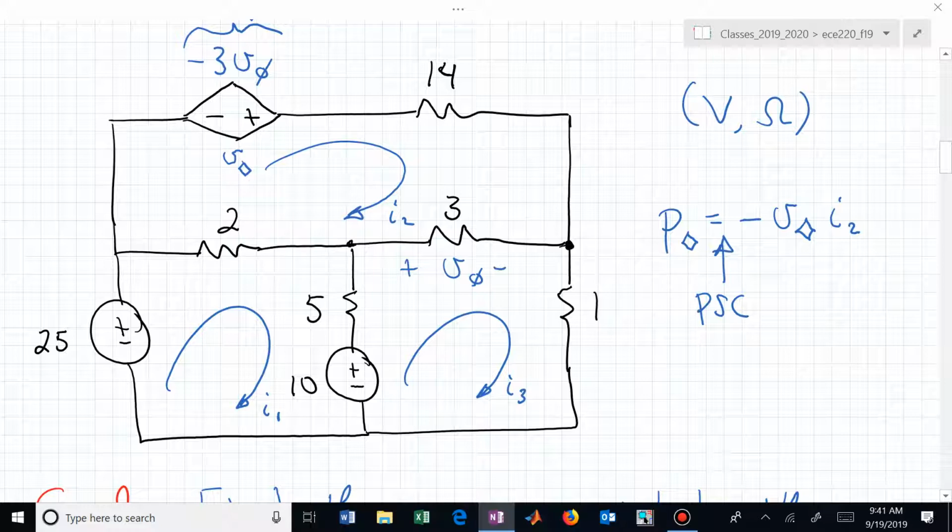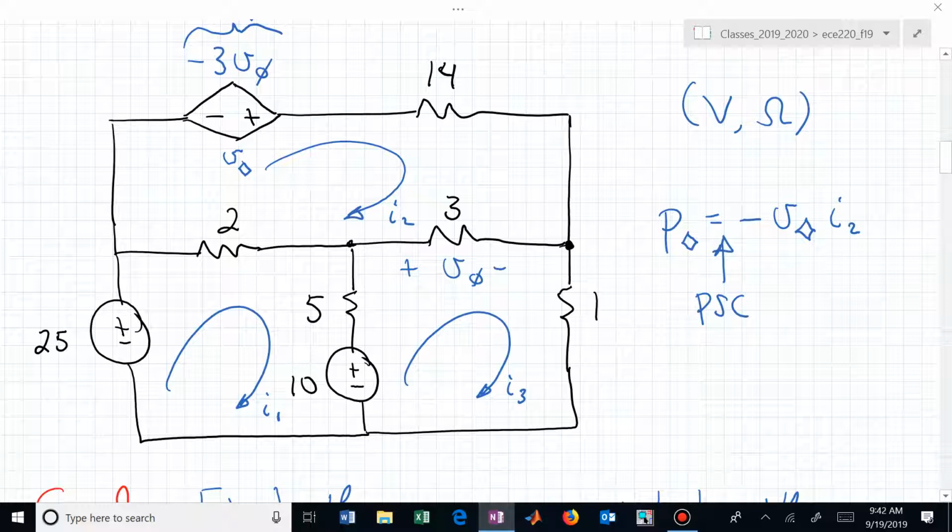And here it's probably cleaner to not include v sub phi in our KVL equation, since we can express it, or we can avoid writing it, since it's actually 3 times I sub 3 minus I sub 2. If we start in the lower left-hand corner of mesh 3, it's minus 10 plus 5 times, what's the current, and now we want the voltage dropped from bottom to top. Ohm's law says we need to know what's the net current going up through that 5 ohm resistor.